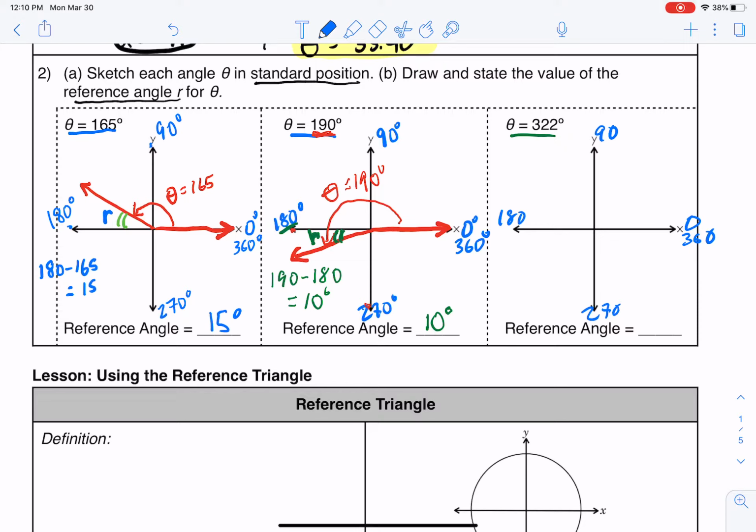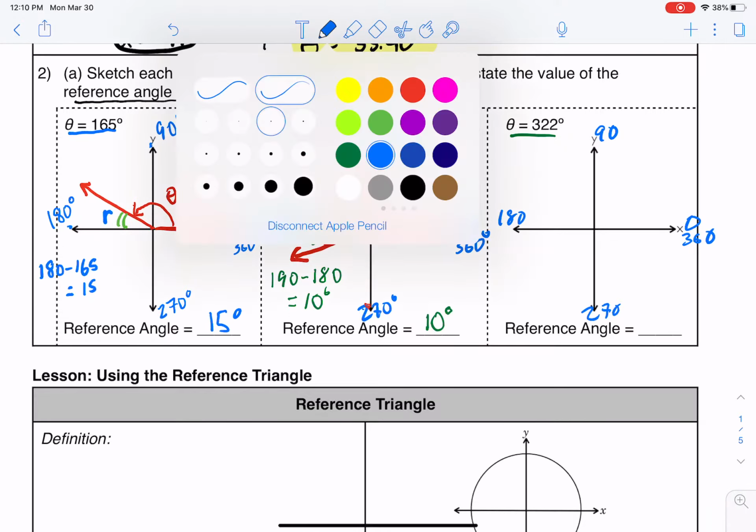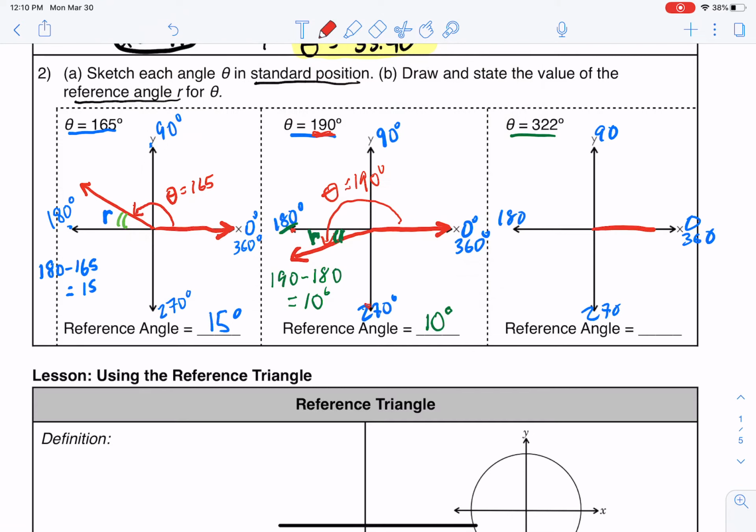It's a little more than halfway in between the two. I'm going to sketch the initial side of my angle. Now if I go all the way around to 322, somewhere around there, that's theta. So theta equals 322 degrees.